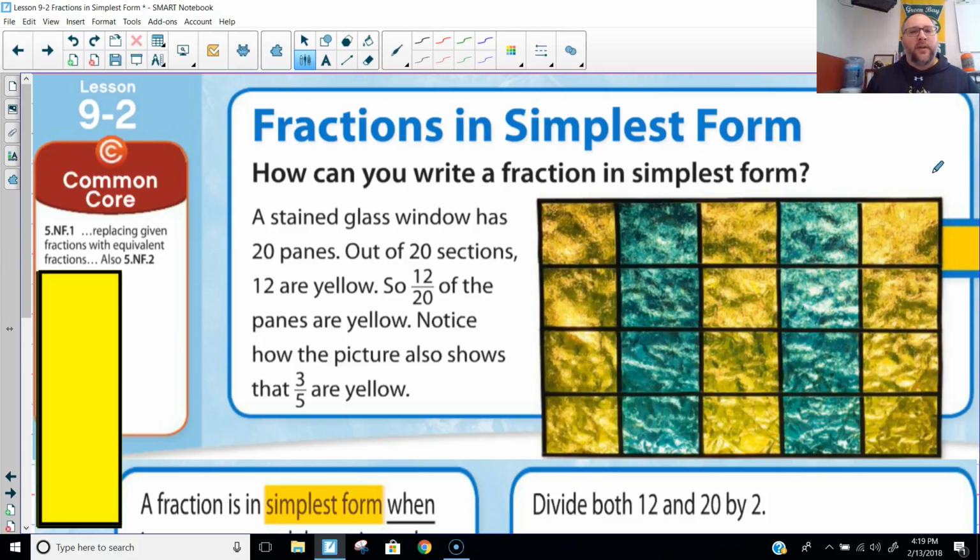Now this is a continuation of Lesson 9-1 when we were making equivalent fractions, fractions that are equal or have the same value, but with different numerators and denominators.